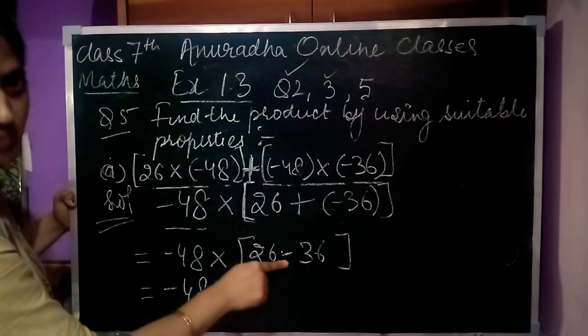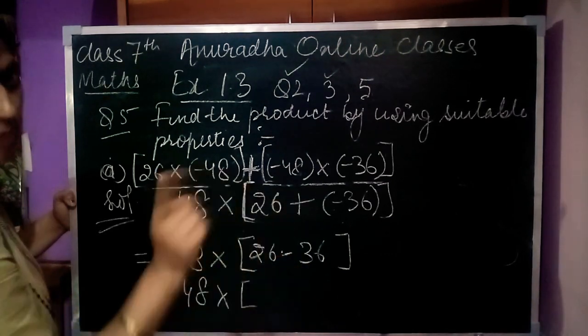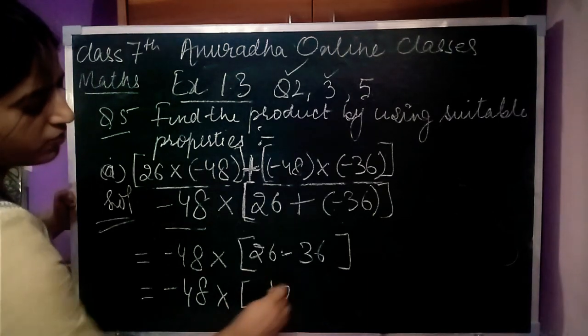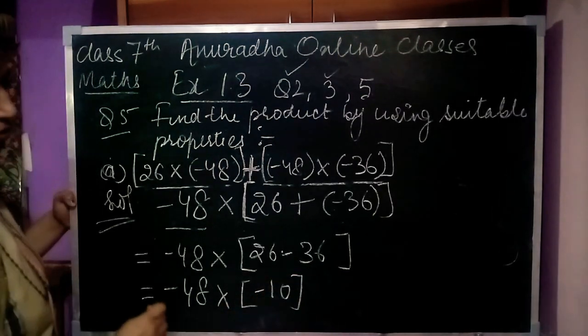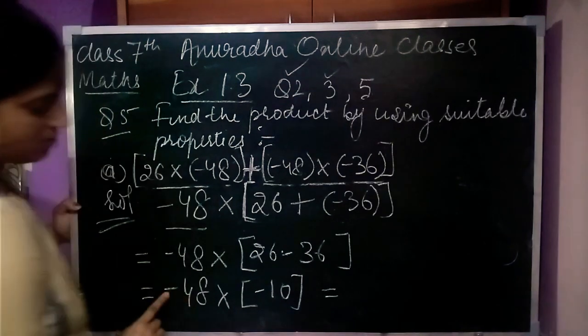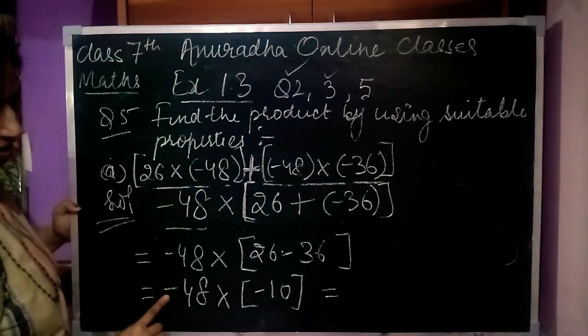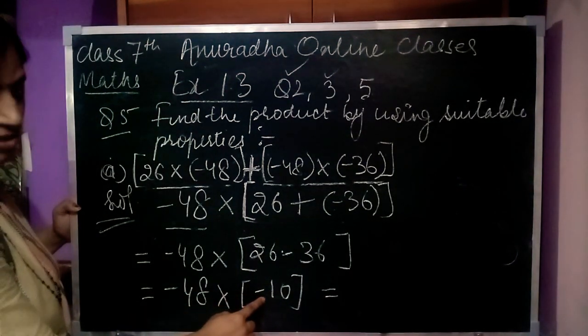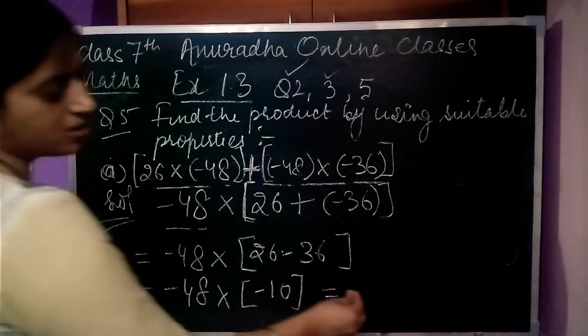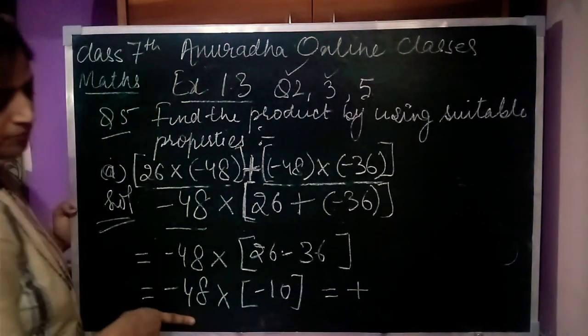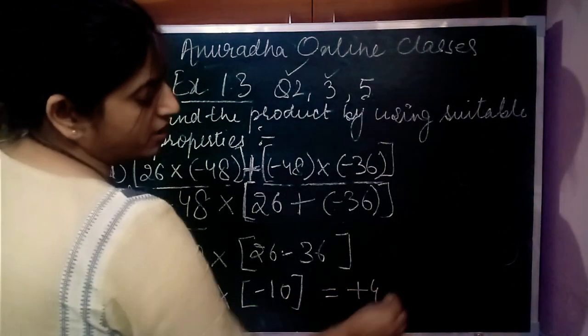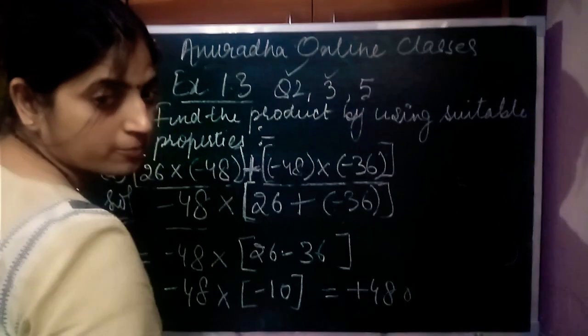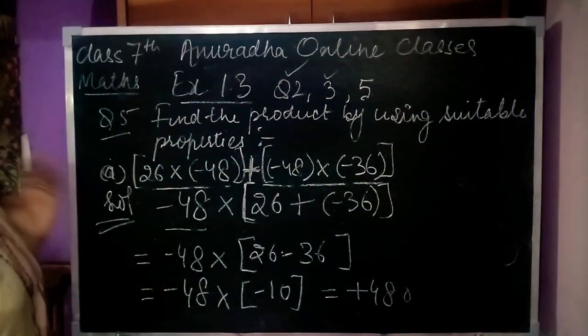In front of 36 the minus sign is there, so we have to put the minus sign. So what do you get? You will get minus. Now see, minus into minus is plus. Then 48 into 10 is 480.